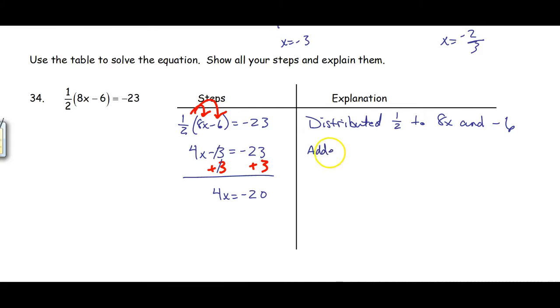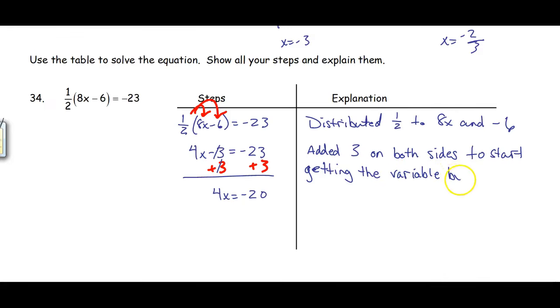We added 3 on both sides to start getting the variable by itself. Okay, lastly, divide by 4, and you are left with x equals -5.